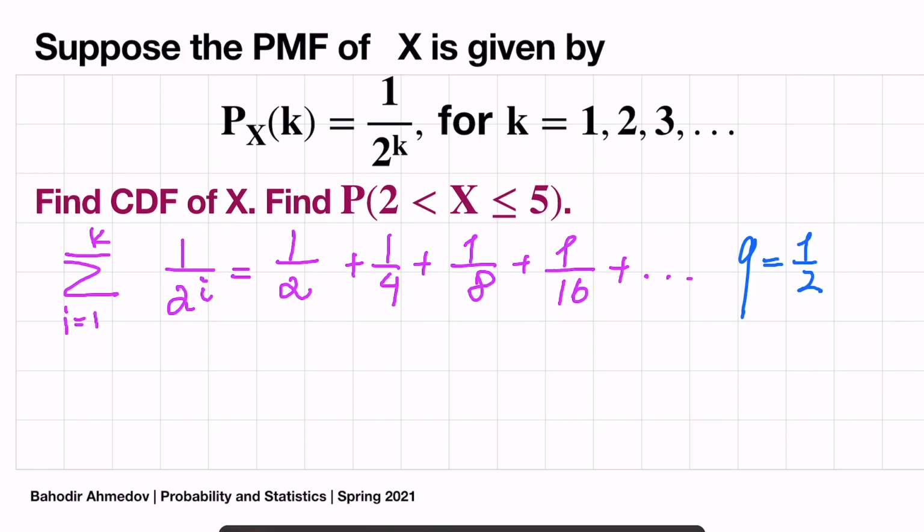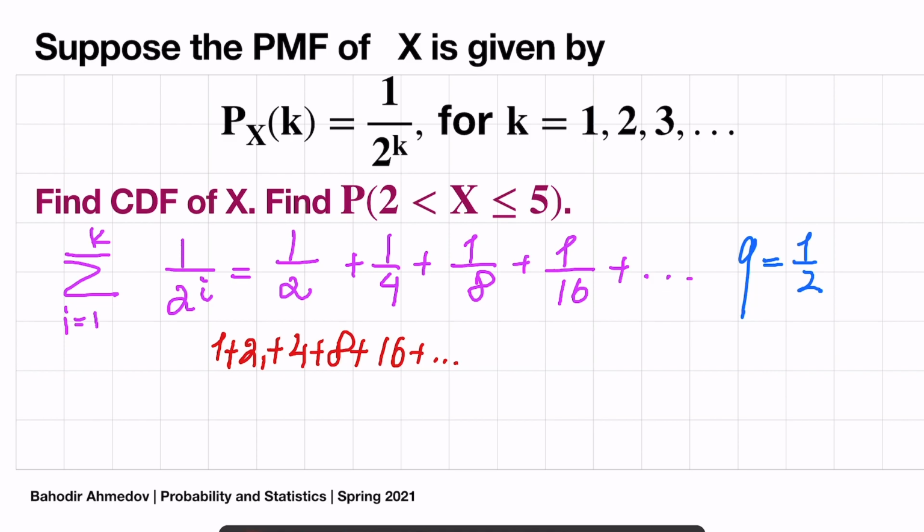We know that there are certain formulas for the sum of a geometric series. Any series where you obtain the next term by multiplying the previous one by the common quotient is a geometric series. For example, 1 plus 2 plus 4 plus 8 plus 16 and so on is also a geometric series, where the common quotient is 2.